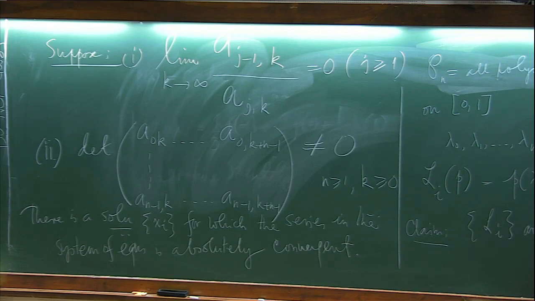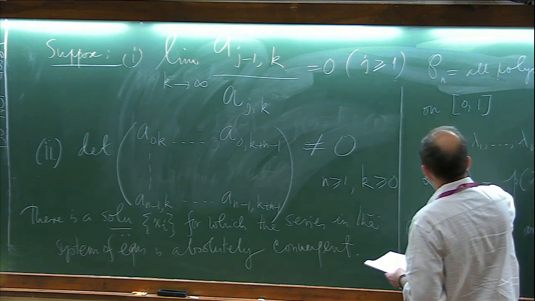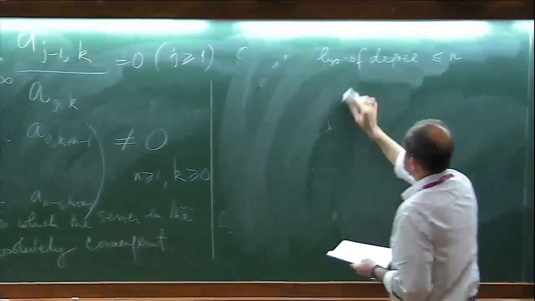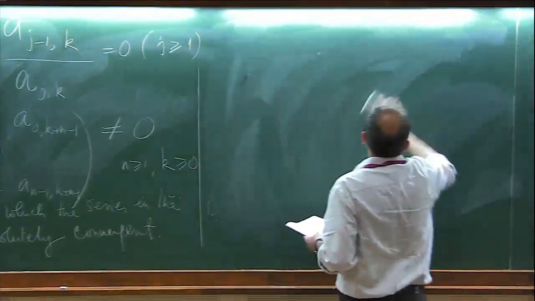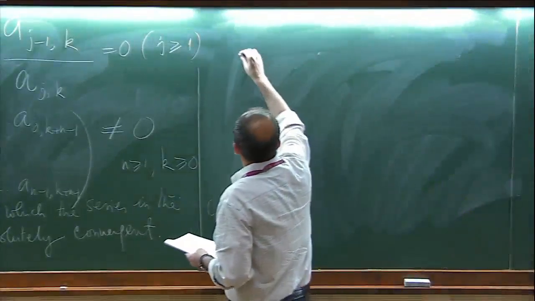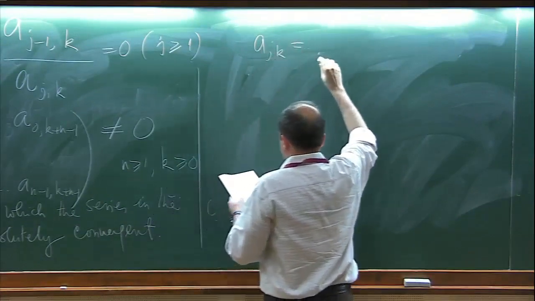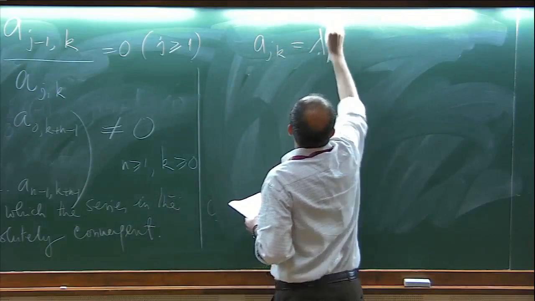Okay, so let's continue. In our situation, what are the a_jk's? The a_jk's are exactly lambda_k to the power j.